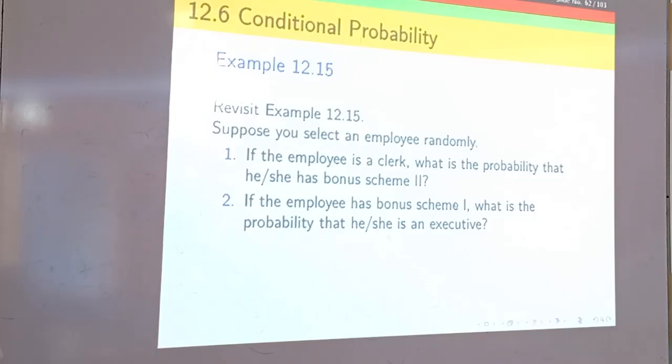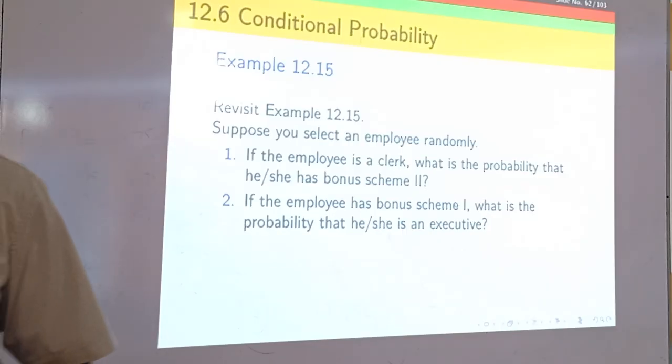Type of employee, and then type of bonus scheme. But I am now asking a different question. If you randomly select an employee, and the selected employee is a clerk, what is the probability that he or she has bonus scheme 2?